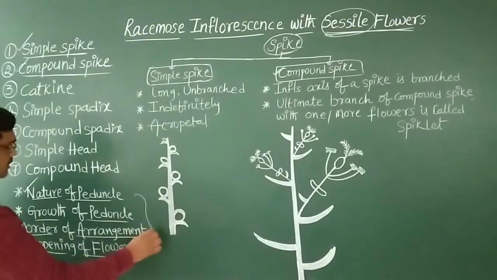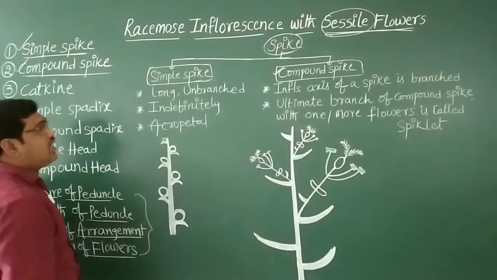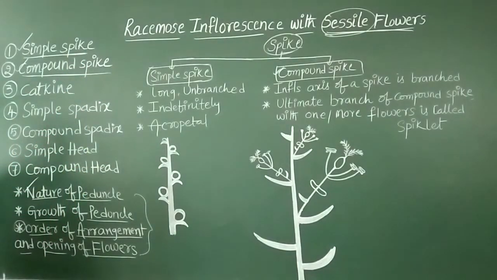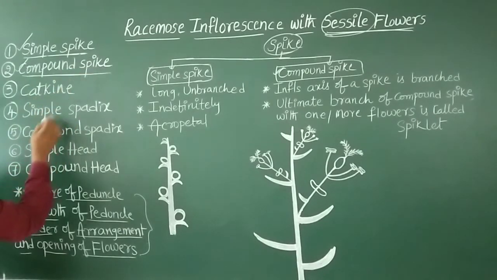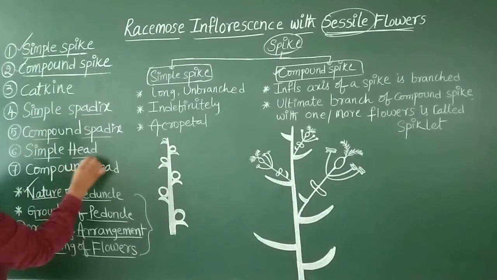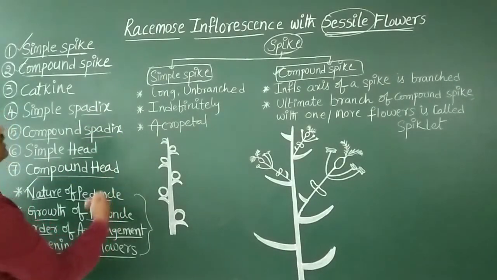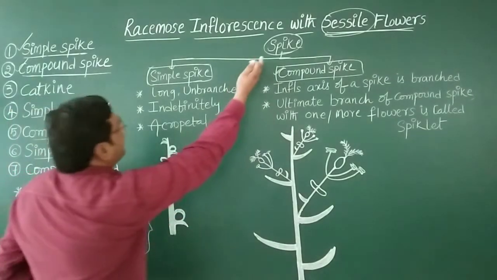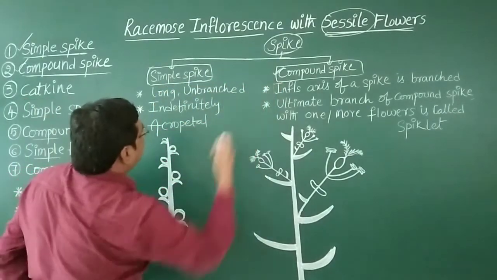Based on these characters, sessile flowers are classified into various types of inflorescence: simple spike, compound spike, catkin, simple spadix, compound spadix, simple head, compound head. These are the racemose inflorescences with sessile flowers. In a spike, there are two types, simple spike and compound spike.